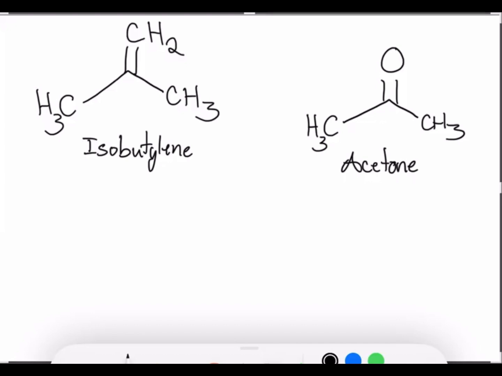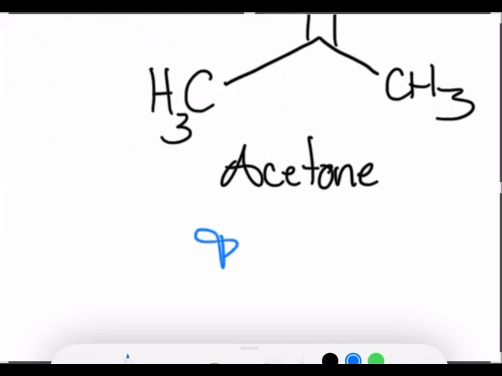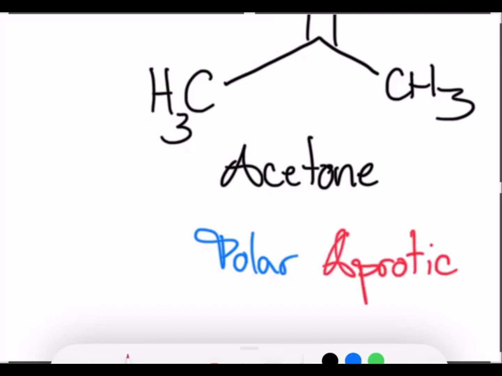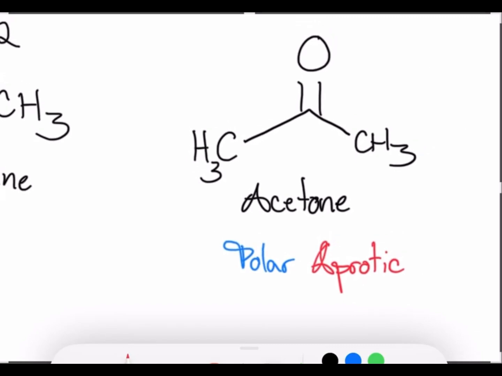So acetone is polar, but it is aprotic. My bad, everyone. Polar aprotic. Now, it is that because it lacks the hydrogen bond to an electronegative atom, like oxygen or nitrogen or fluorine for our 3 hydrogen bonds.